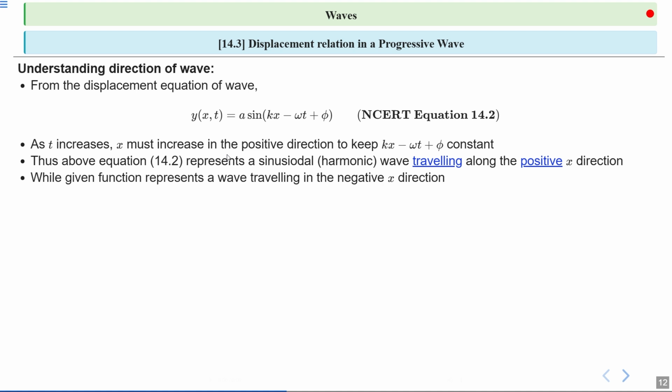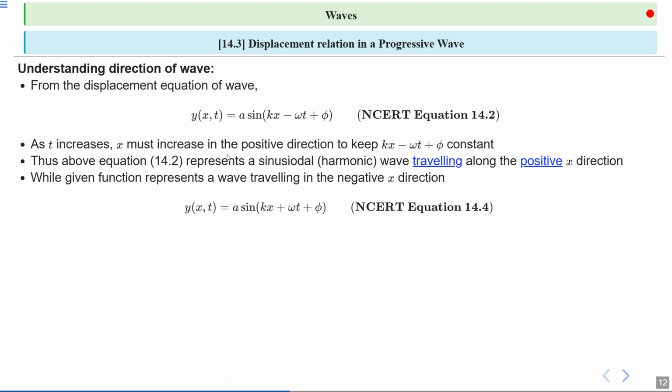So, what happens if the sign in the equation changes? If we have a plus sign instead, the wave travels in the negative x direction. This is important because it tells us how to read the direction of the wave motion directly from the equation.